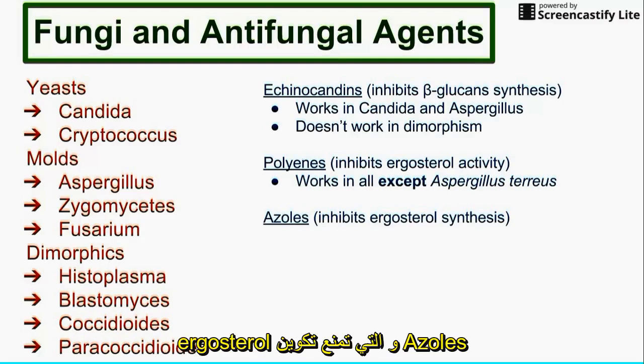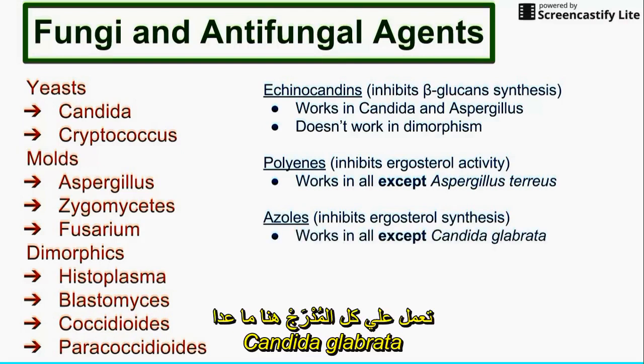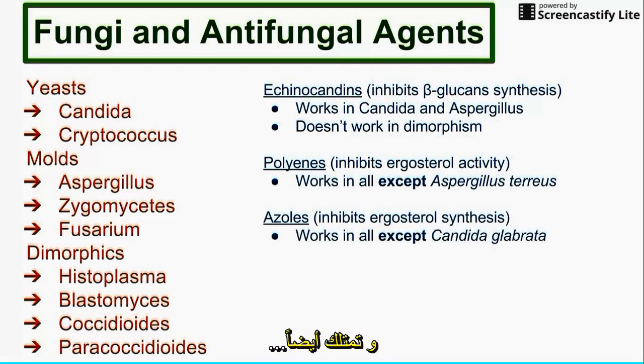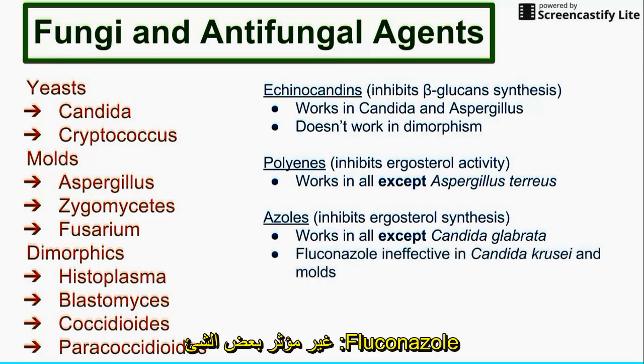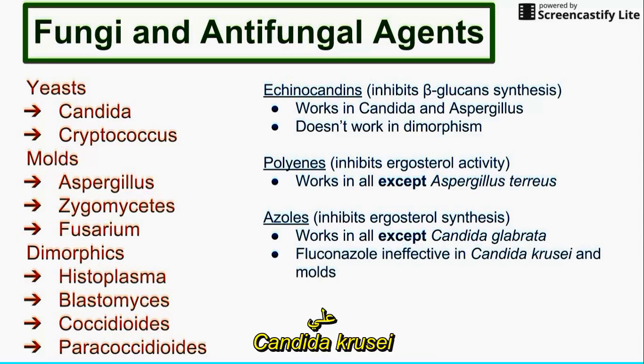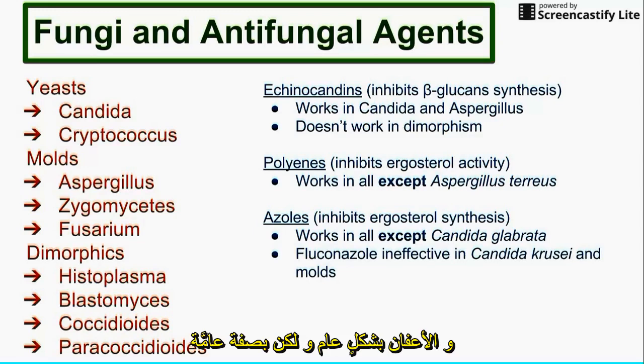Azoles, which inhibit ergosterol synthesis, work in all of these listed here except for Candida glabrata. And they're also slightly ineffective. One of the azoles is slightly ineffective in one Candida species and in the molds in general. But in general, azoles are usually pretty good against all of these.